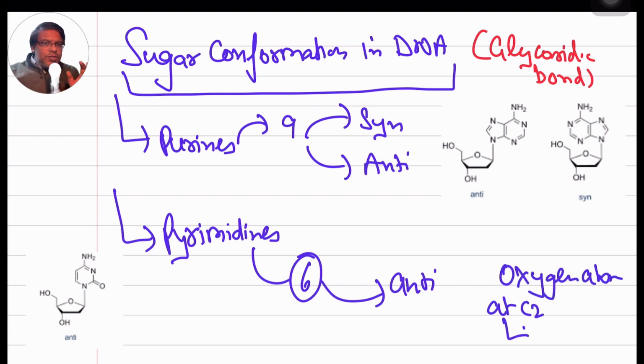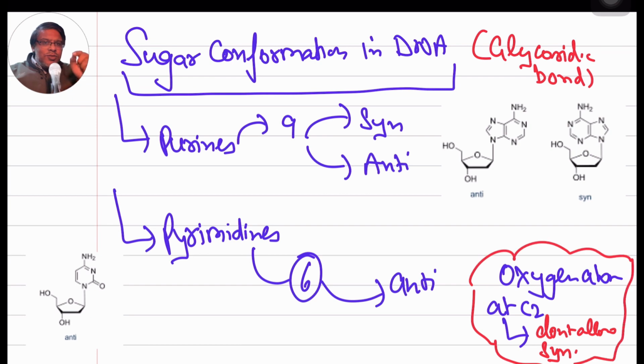Now here if you see in the case of pyrimidines, you are going to have an oxygen atom, and if this is going to be in syn conformation, what will happen? There will be a repulsion. So here in the case of pyrimidines, keep in mind the oxygen atom which is present at the carbon number 2 position does not allow the syn conformation.